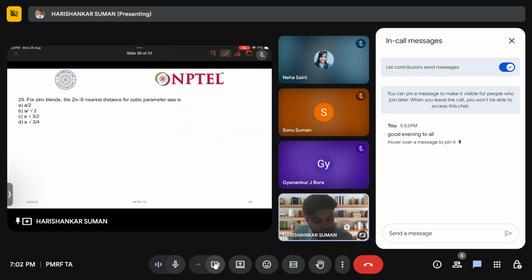Next question. For zinc blende, the nearest distance for cubic diamond is, this is for ZnS. Zinc blende, the first nearest neighbor is between Zn and S. Try to solve this question.